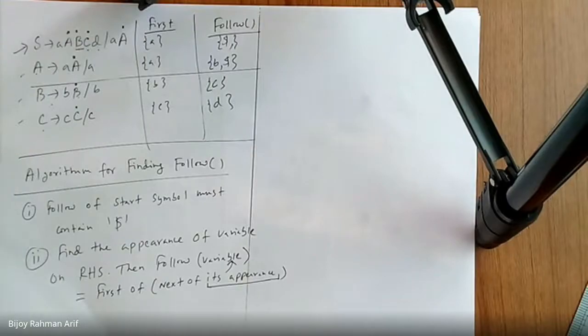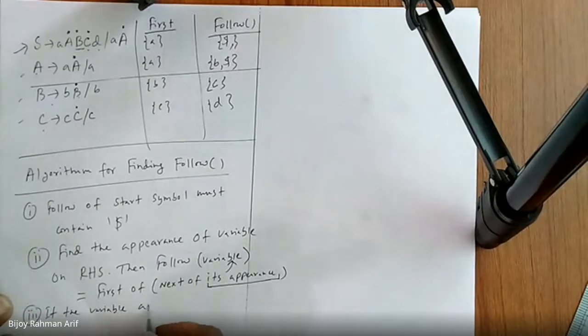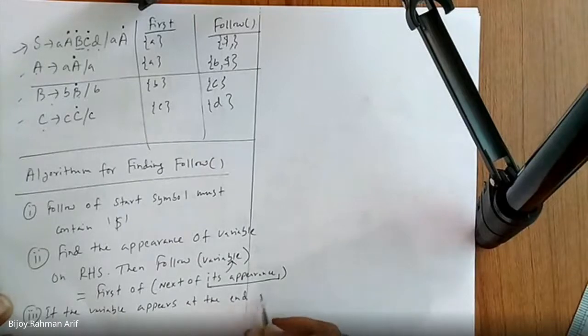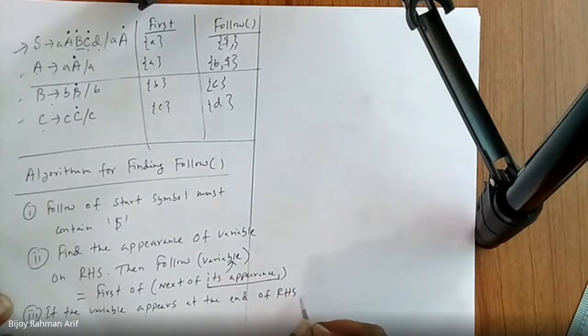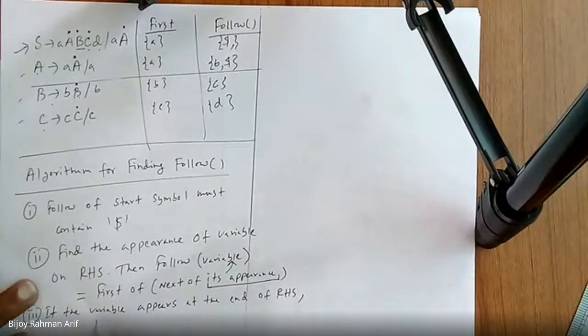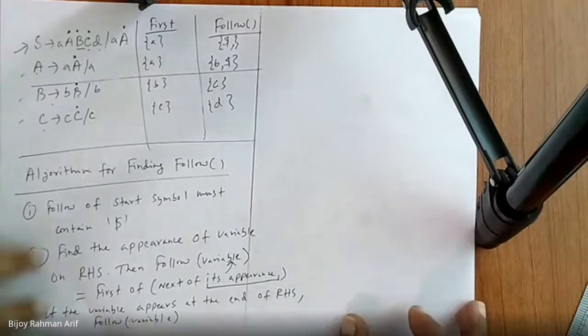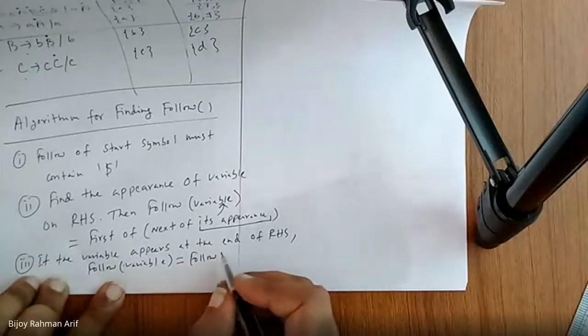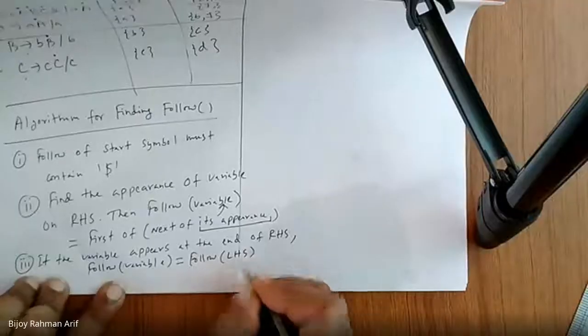Done? Yes. And what is the rule number 3? If the variable appears at the end of the RHS, then follow of the variable is nothing but follow of the LHS, the left hand side.